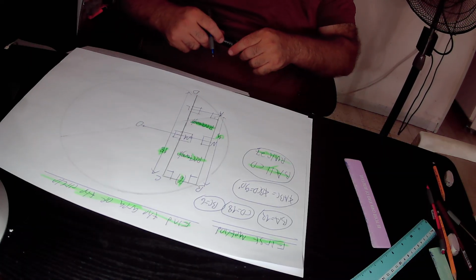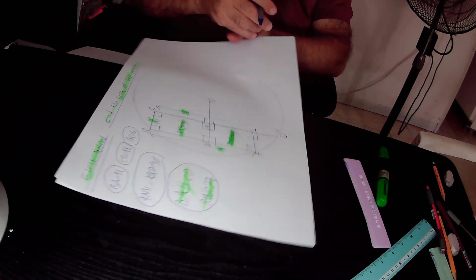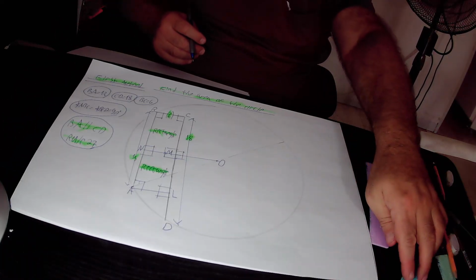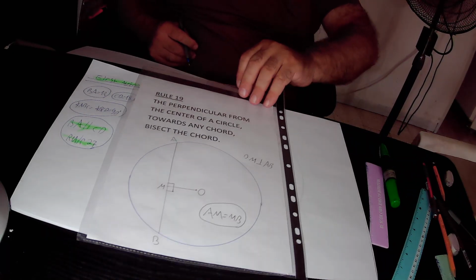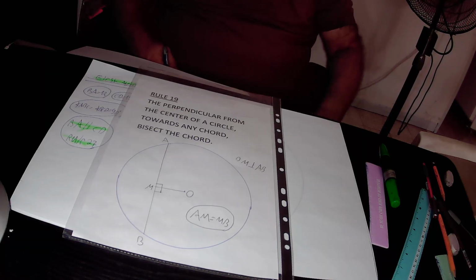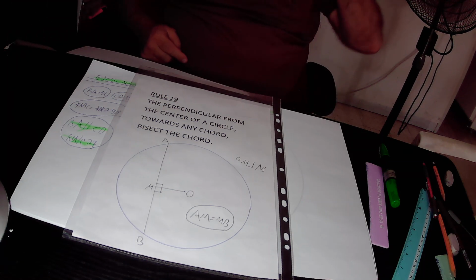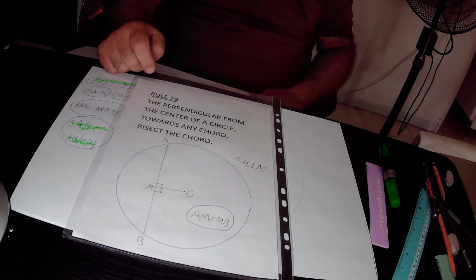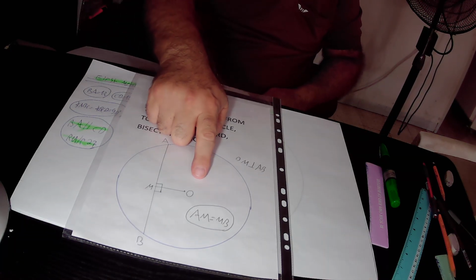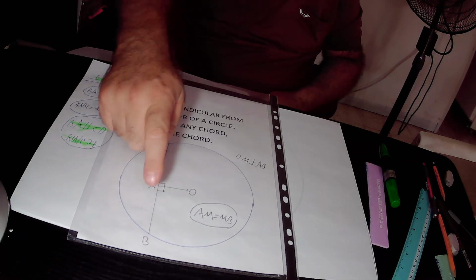Here we can implement rule 19. Repeat rule 19. According to rule 19, the perpendicular from the center of a circle towards any chord bisects the chord. Here we have a circle, point O is the center of the circle, and this is chord AB.